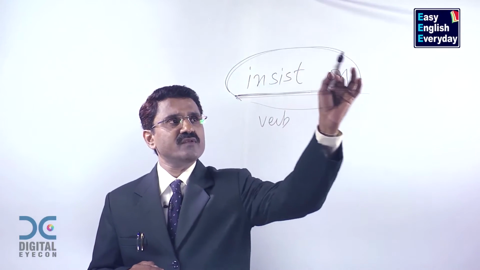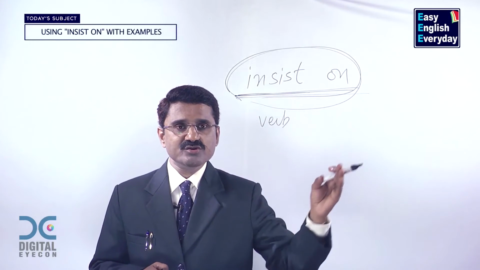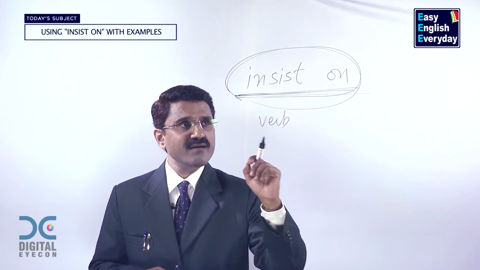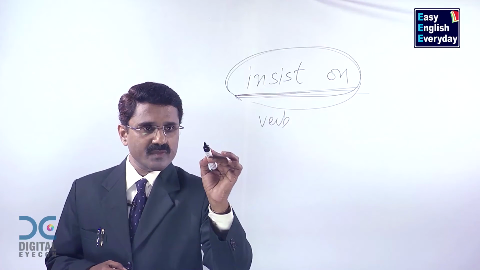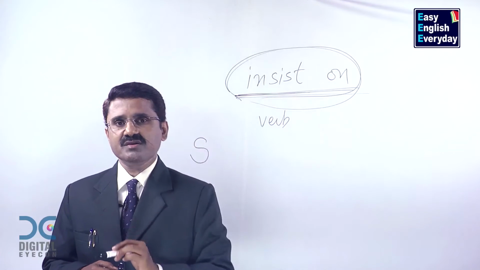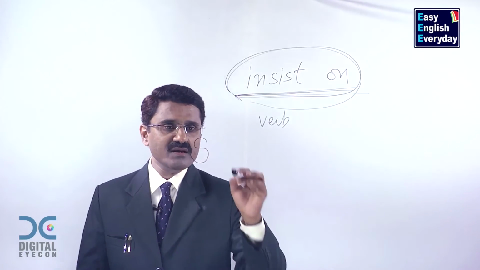Now, this is one of the most commonly used words by us in our day-to-day conversation. So, therefore, we have to learn how to use it in a proper way. You need a subject: I, we, you, he, she, it, they, or any singular or plural noun.